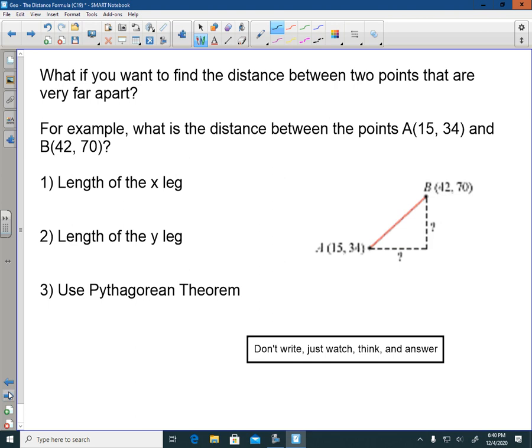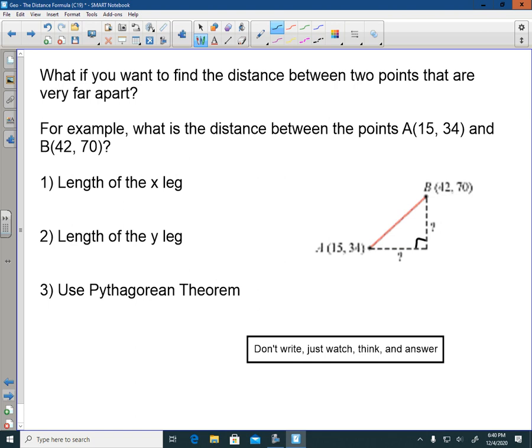For example, what is the distance between the points A at (15, 34) and B at (42, 70)? We're going to use the Pythagorean theorem in a new way in order to get this taken care of. So first of all, let's take a look at this right triangle.